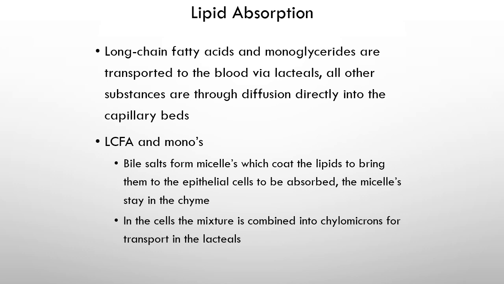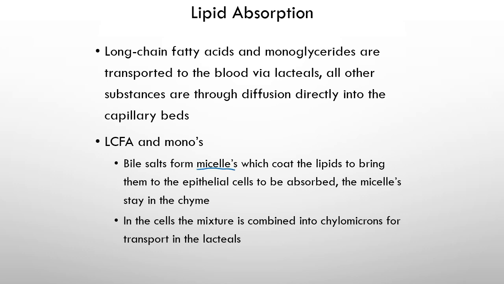that allows us to actually move those lipids into the bloodstream eventually after they go into the lymphatics that are there. So chyme moves along, and the bile salts create these micelles.